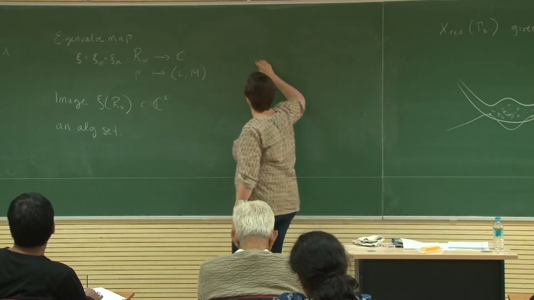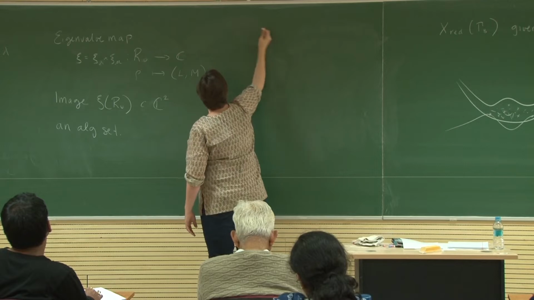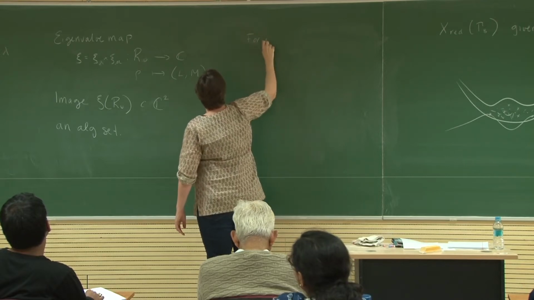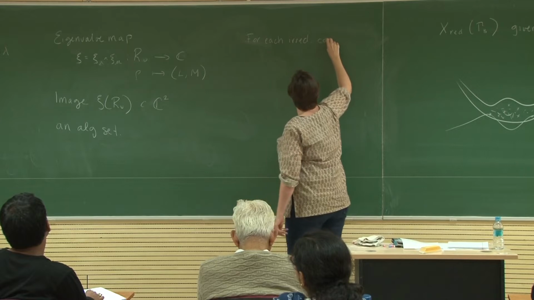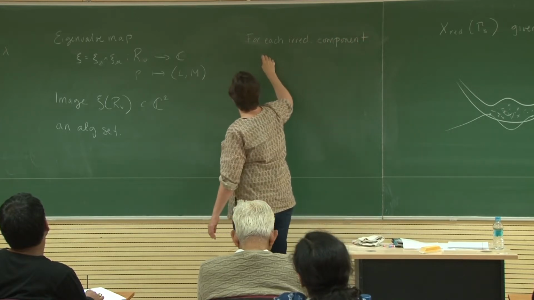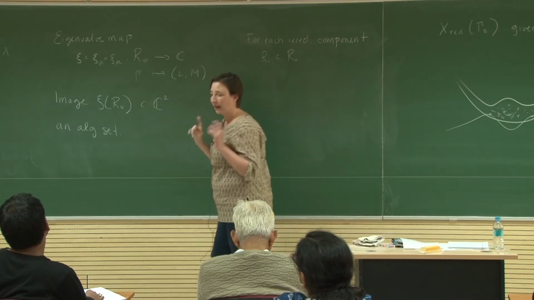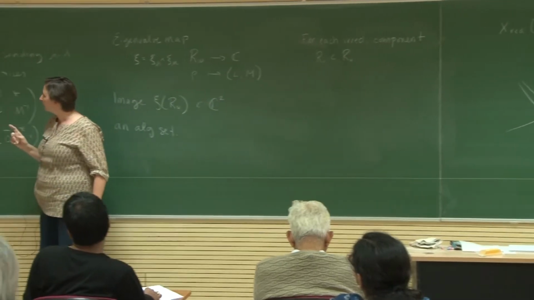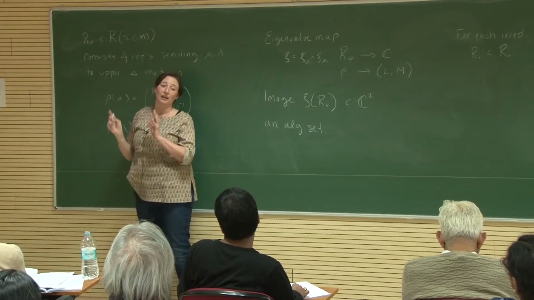So what we do is we take, for every irreducible component, let's say R1, in RU. And I'm saying character variety, but the character variety looks almost exactly like this because I've conjugated it.